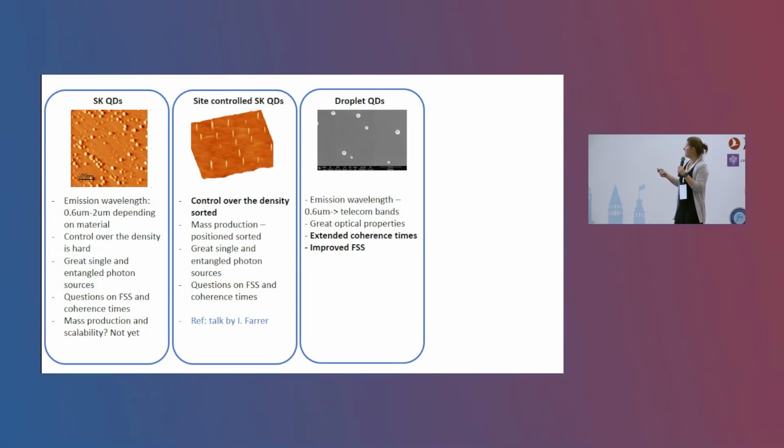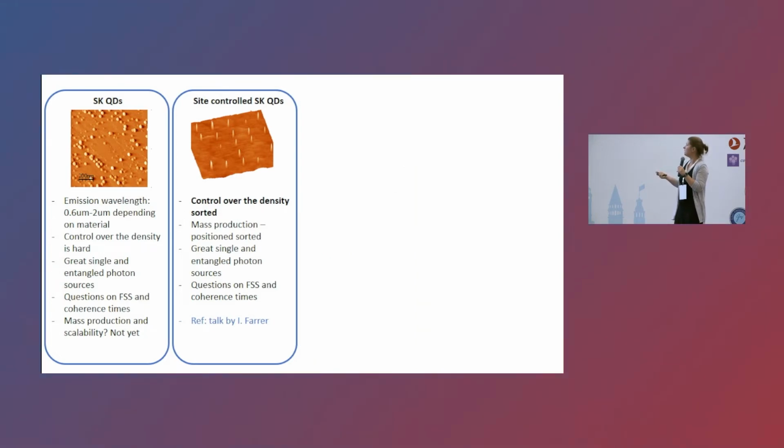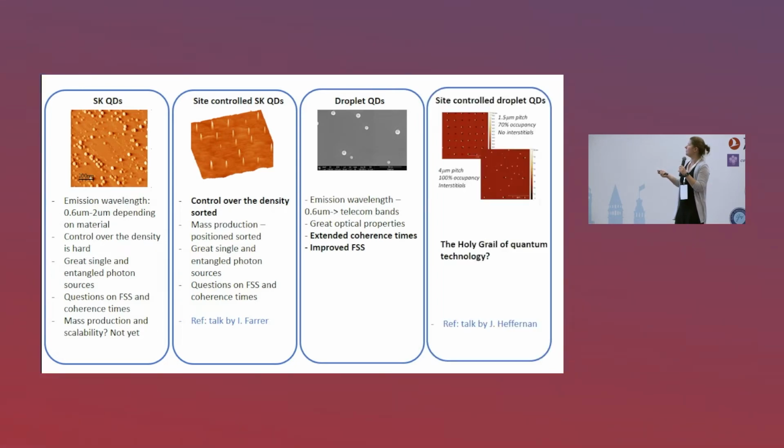And then finally, in the talk presented today by John Heffernan, we found out that there have been some first attempts of trying to combine the two, the droplets and site-controlled quantum dots. Essentially, they've managed to show that they respond to finding the lowest potential energy on the surface of the wafers.